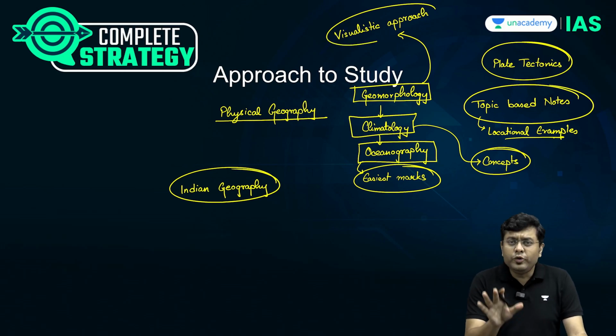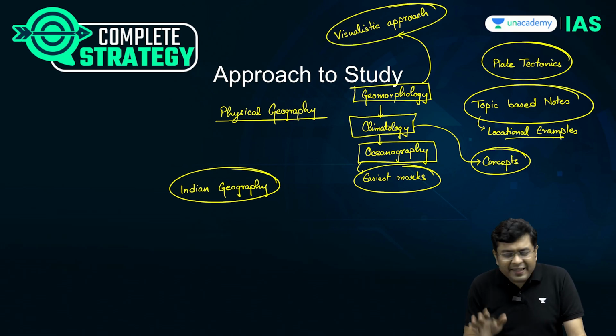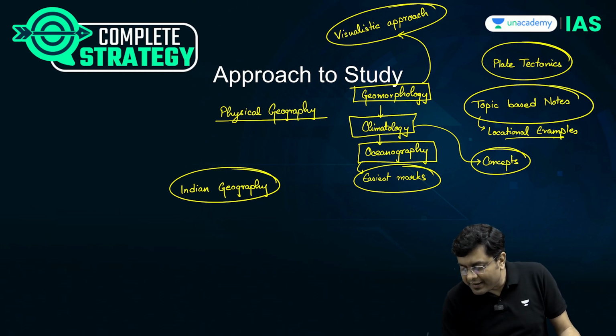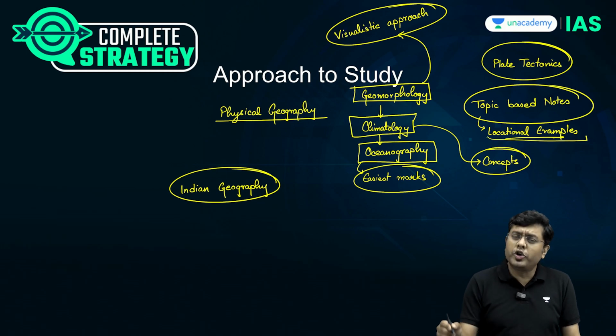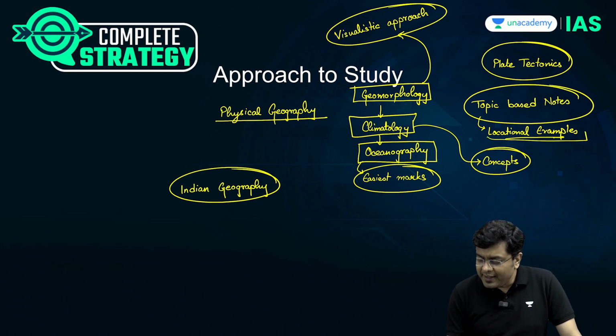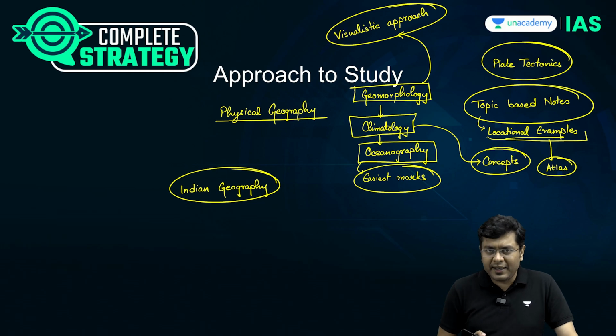Okay, once you have conquered this, please ensure that the locational examples that you see in geomorphology, climatology or oceanography are looked at with the atlas on a daily basis or as frequently as you can, so that simultaneously mapping is also solved.